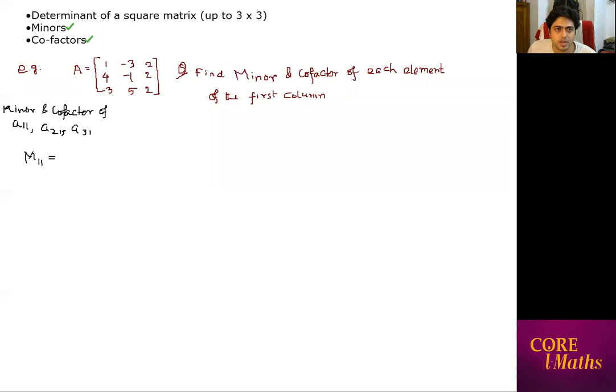So if we leave these elements, this and this, just omit these two, you can get the determinant value of -1, 2, 5 and 2.